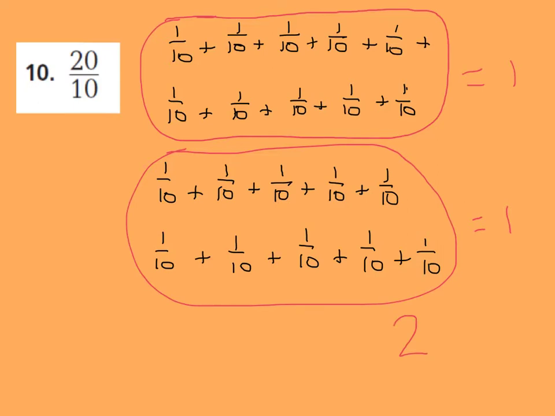Another way you can do this is to look at this improper fraction and ask yourself, how many times can 20 be divided by 10? And you could say 20 divided by 10 is 2 wholes.